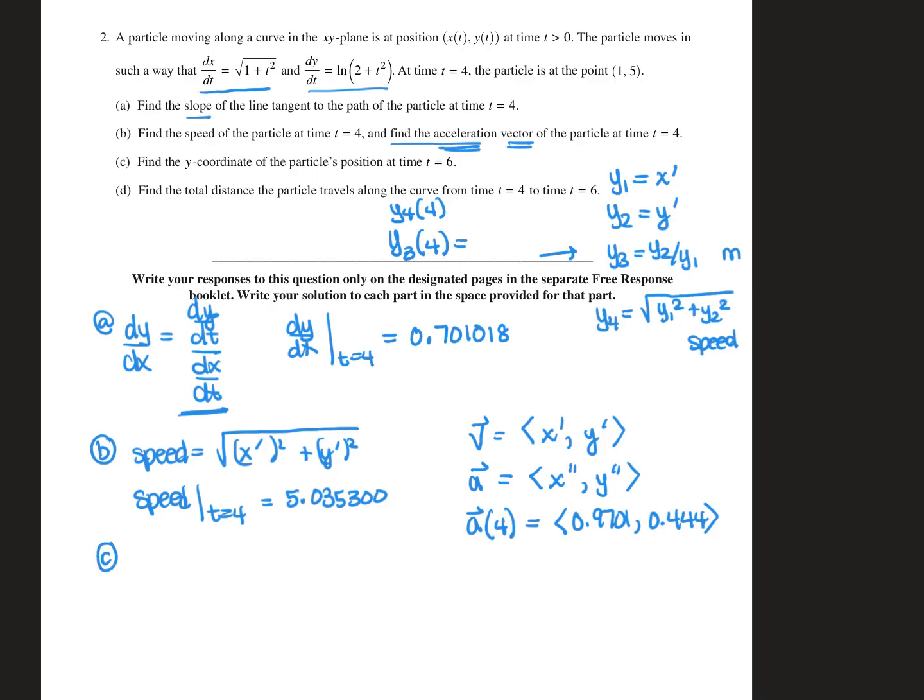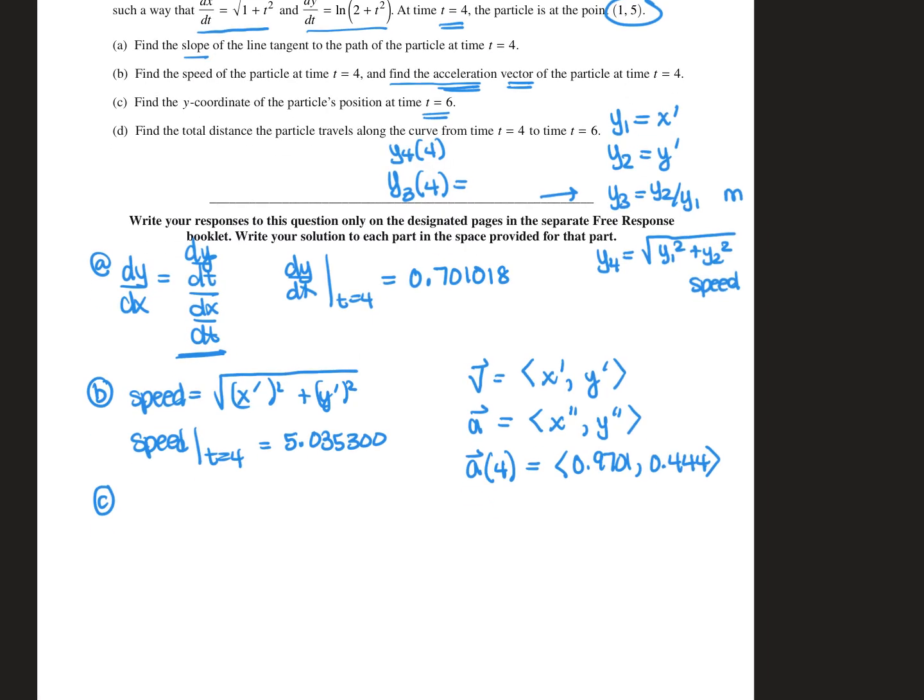Part C, find the y-coordinate of the particle's position at time equals 6. Well, if they're going to ask us the position at a certain time, we have to know where it is at least one time. We know at time equals 4, our particle is at 1, 5.